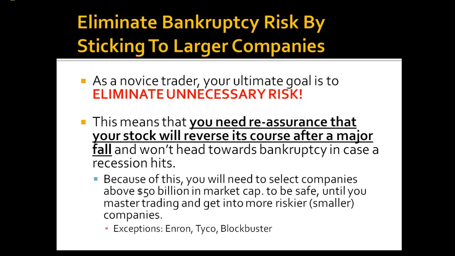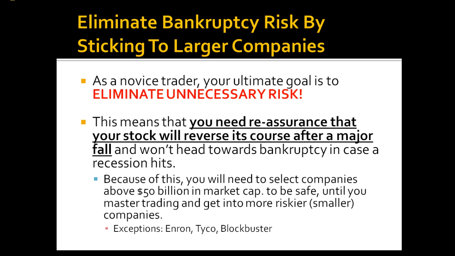One risk that beta or any other type of risk calculation doesn't take into account is the bankruptcy risk, or as I call it, the unnecessary risk. As a novice trader, your ultimate goal is to eliminate unnecessary risk. Now let me tell you what I mean by that. This means that you need reassurance that your stock will reverse its course after a major fall and won't head towards bankruptcy in case recession hits.